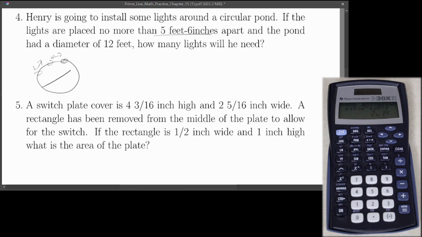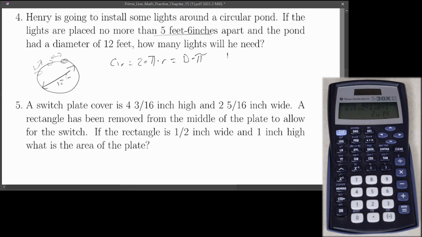Our pond has a diameter of 12 feet. And so we can take our circumference and divide it by the spacing here. So we're going to say that our circumference is equal to 2 times pi times the radius, which is equal to the diameter times pi.